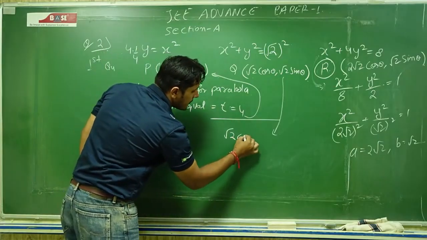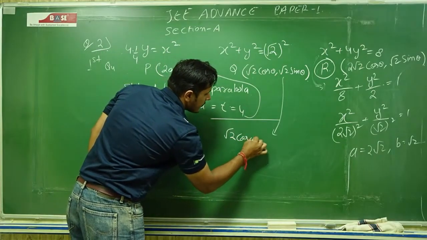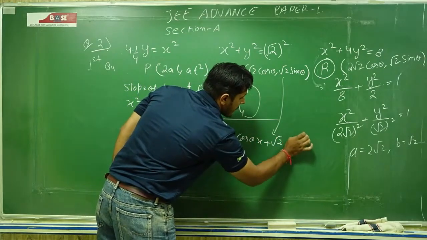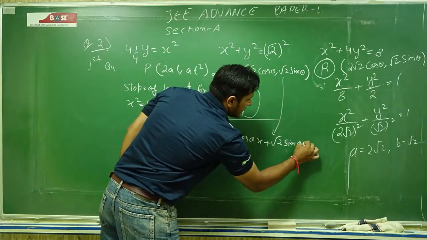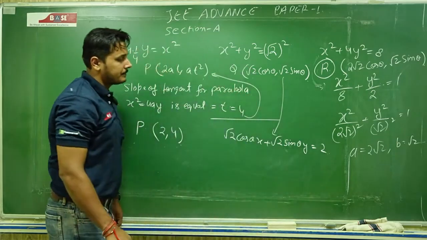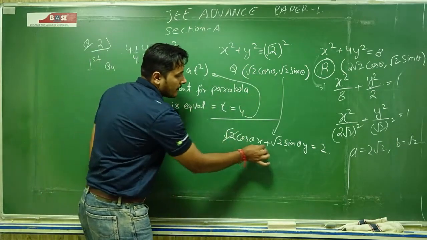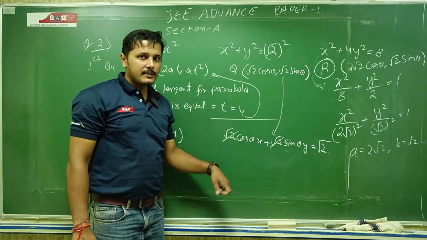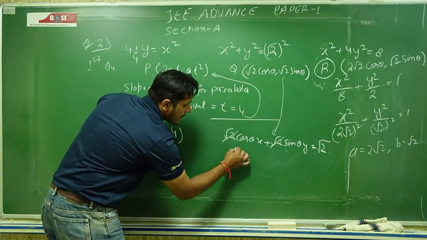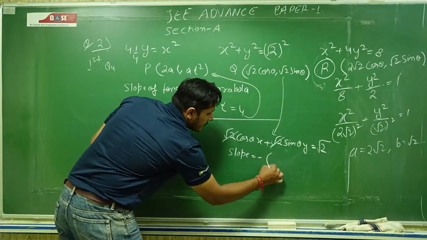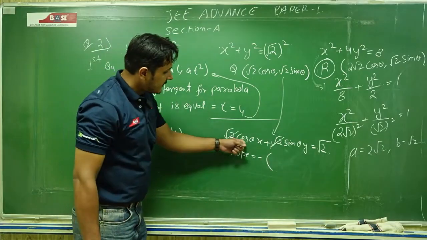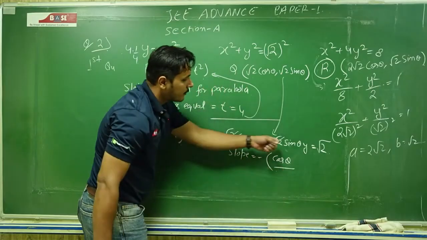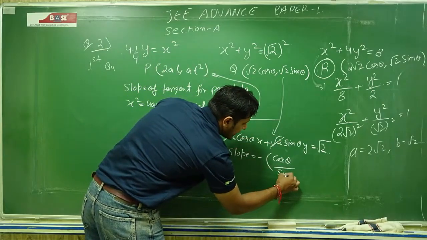So root 2 cos theta x plus root 2 sin theta y is equal to 2. Root 2 will cancel. Now this is a straight line, and for a straight line we know the slope is equal to minus coefficient of x, that is cos theta, divided by coefficient of y, that is sin theta.